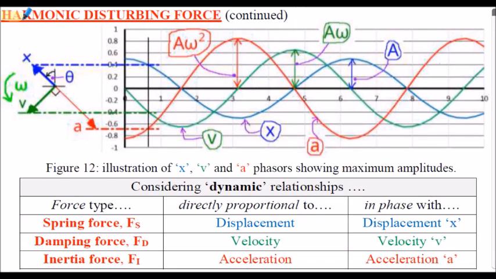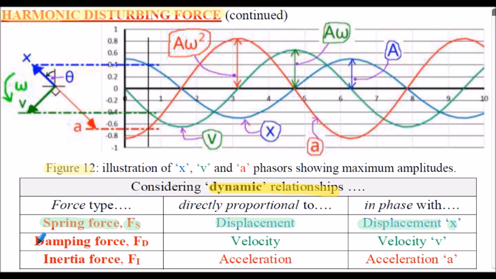Harmonic disturbing forces continued. Figure 12 repeated here for convenience. If we now consider dynamic relationships, don't forget dynamics relates to forces involved with motion. We know that the spring force, Fs, is directly proportional to displacement, so it will therefore be in phase with displacement x.